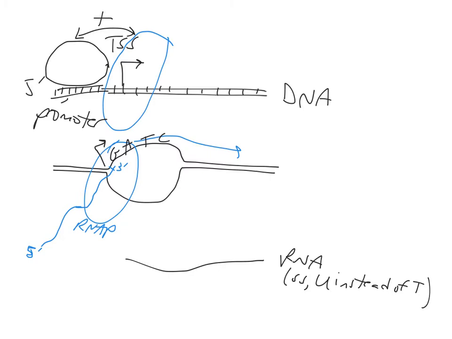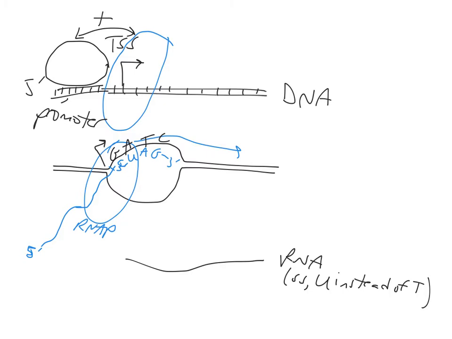Here. So what's complementary to G? C. So it's going to add a C. And the next thing it's going to add is a U. And then as polymerase moves from left to right, it'll add an A and a G, and it'll keep adding on to the 3' end.